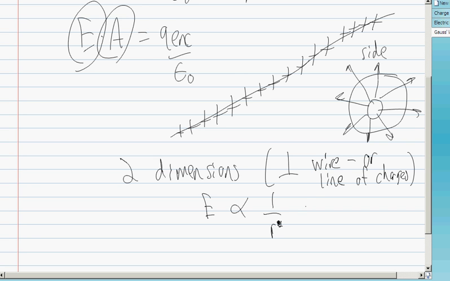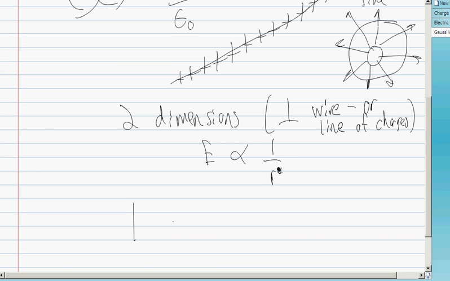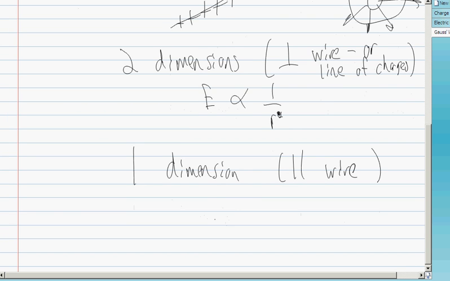But in the one dimension parallel to the wire or to the line of charge, E is going to be constant. It won't matter where I choose.